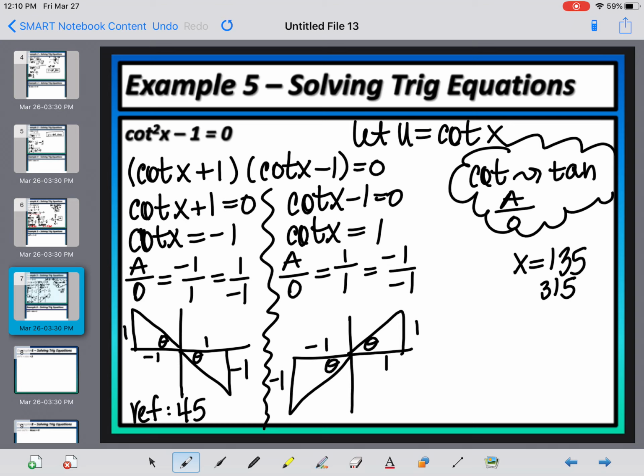Adjacent over opposite. Make sure that your signs fit appropriately. So again, this is a 45 reference. So x equals 45, and 180 plus 45 to give us that second angle, 225.